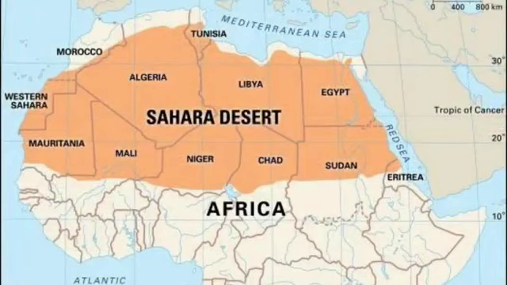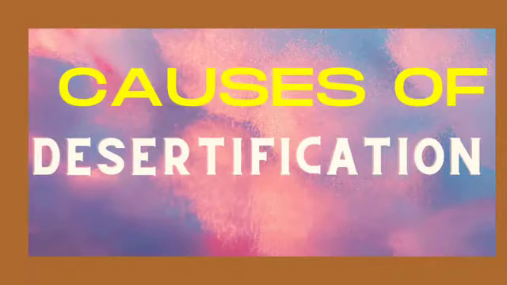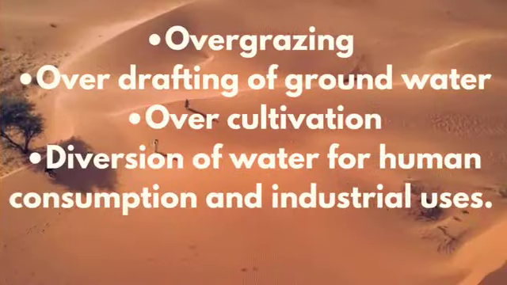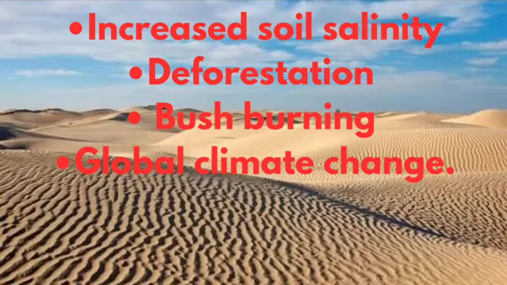Some of the human practices that can lead to desertification include overgrazing, overdrafting of groundwater, overcultivation of the land, diversion of water from rivers for human consumption and industrial uses, increased soil salinity, deforestation, bush burning, global climatic change. These are some of the causes of desertification.